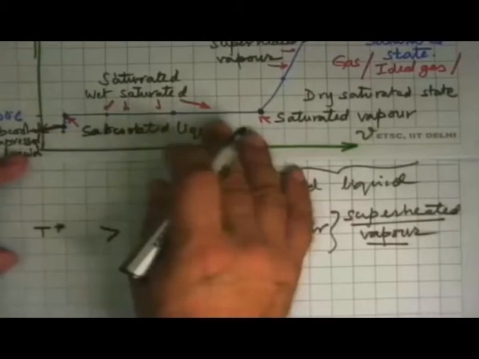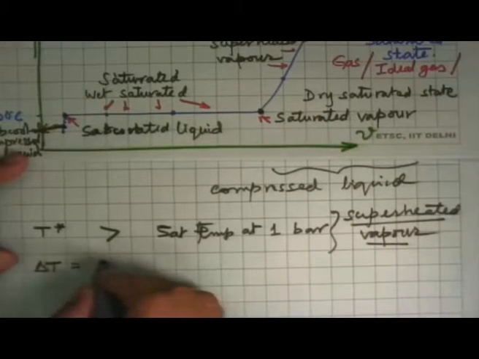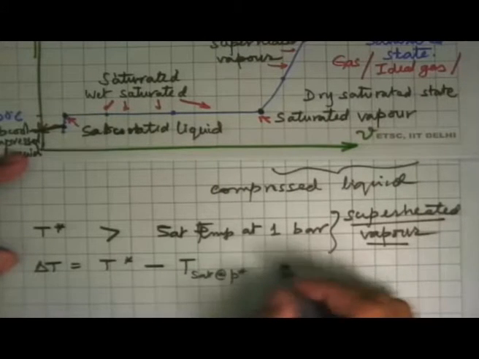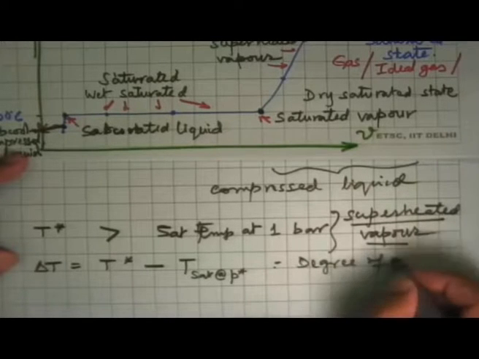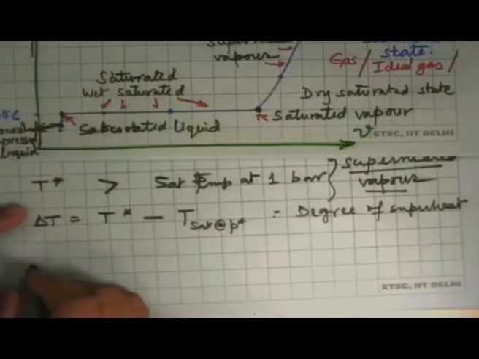We can define one more parameter here as the delta T, which is T star minus the saturation temperature at that pressure, and this is defined as degree of superheat. And similarly, another delta T of subcooling.